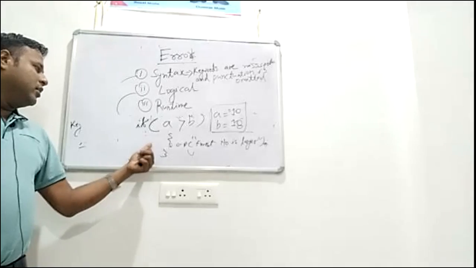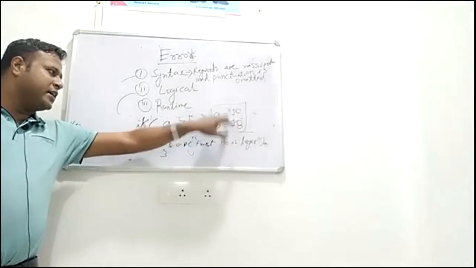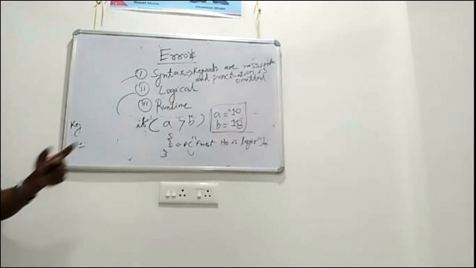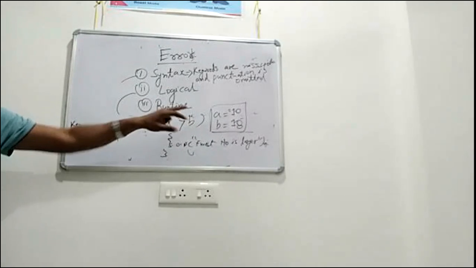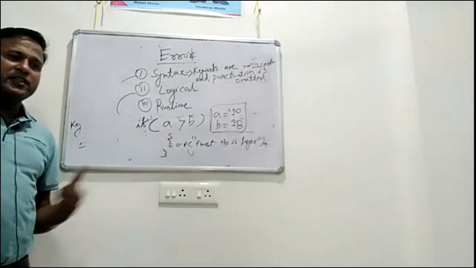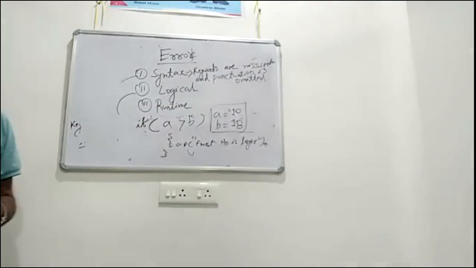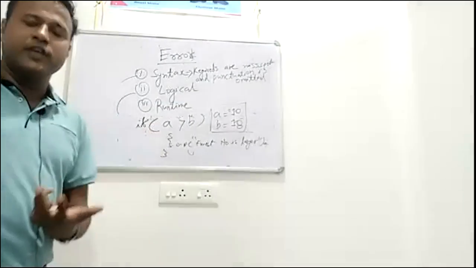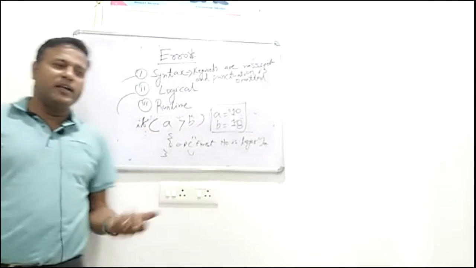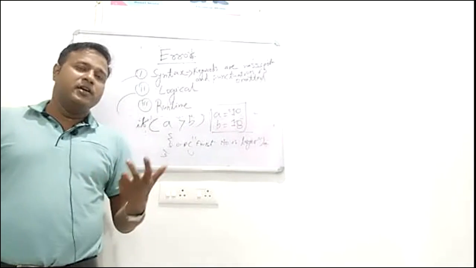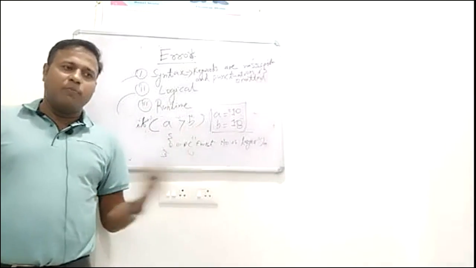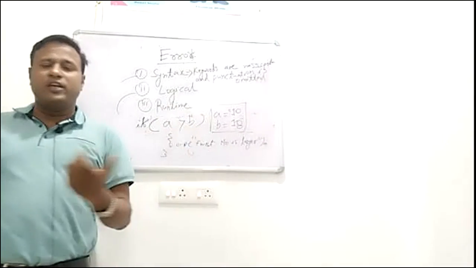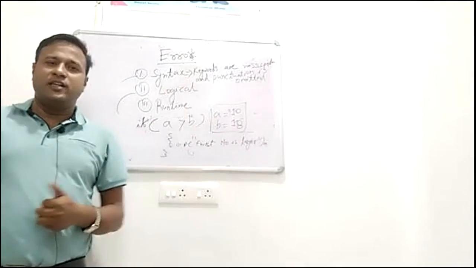If I pass A equals 10 and B equals 10, for this I am not giving any condition. So in that scenario it is not showing you any output. Your program is compiled successfully, executed successfully, but it is not giving the desired output. So that is your logical error.